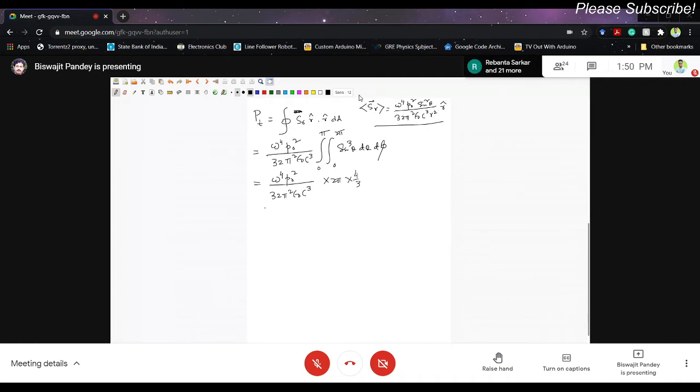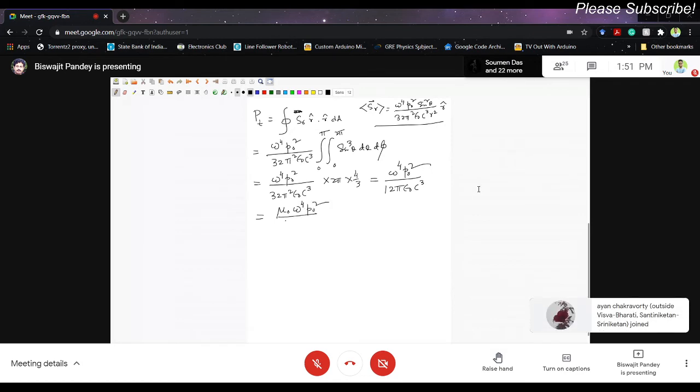So if you simplify this, you have an expression omega to the power 4 p0 square divided by 12 pi epsilon 0 c cube. Or if you write in terms of mu 0, this will be equal to mu 0 omega to the power 4 p0 square divided by 12 pi c, because mu 0 equals 1 by epsilon 0 c square.